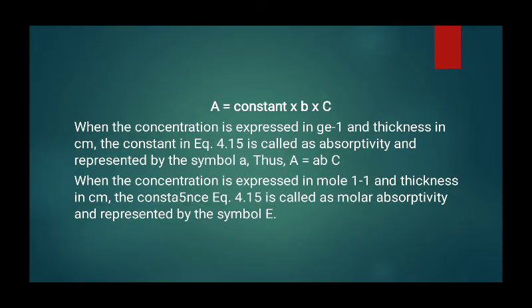So you can write it as absorbance is equal to constant into B into C. When the concentration is expressed in gram per liter and thickness in centimeter, the constant in the equation is called absorptivity and is represented as small a. So A is equal to a B C, where A is absorbance, a is absorptivity, B is the path length and C is the concentration.